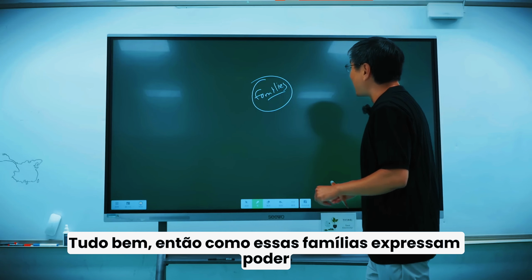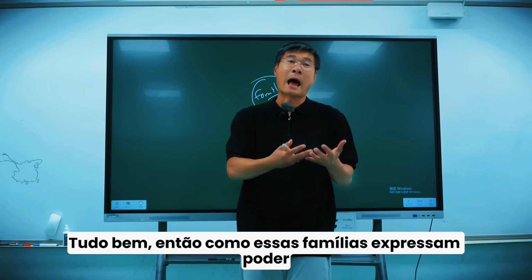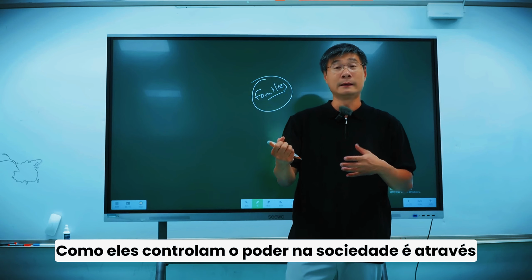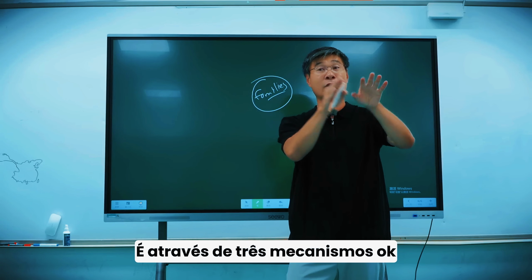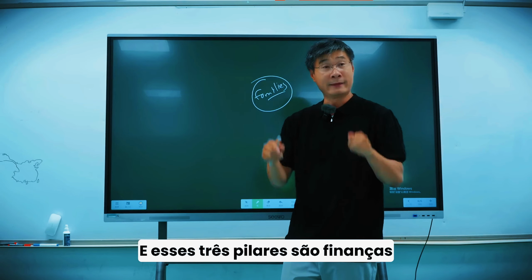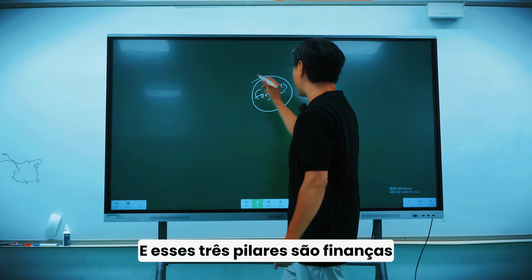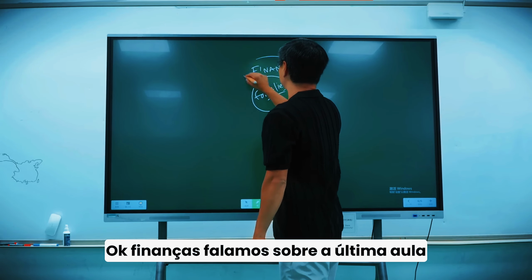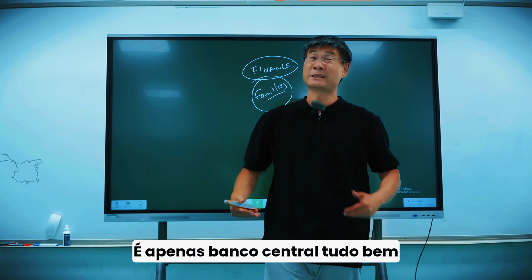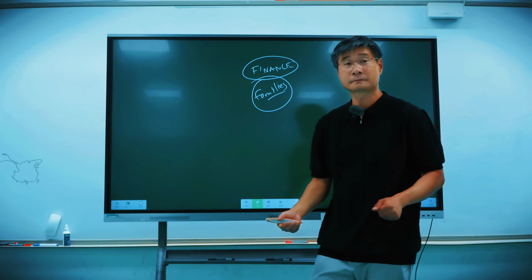All right, so how these families express power, how they control power in society, is through three mechanisms, okay? Three pillars of power. And these three pillars are finance. Okay? Finance, we talked about last class, it's just central banking. All right?